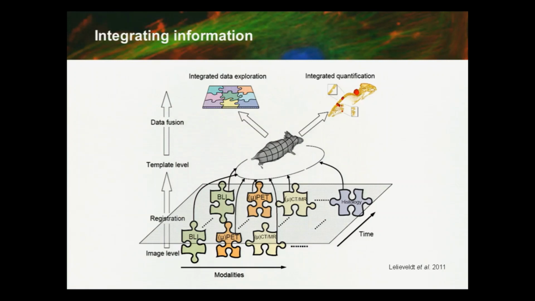And this is where registration comes in, because how do we integrate all this information? So in this drawing, it's really indicated that they serve as different pieces of the puzzle. In studying a particular process, you need different pieces of information and somehow integrate them, different modalities, different time points. So that's where image registration comes in.